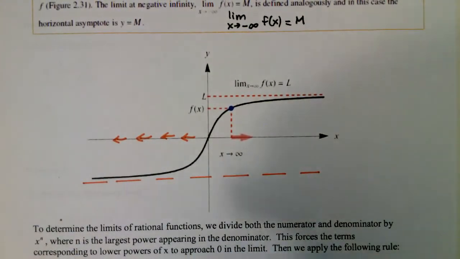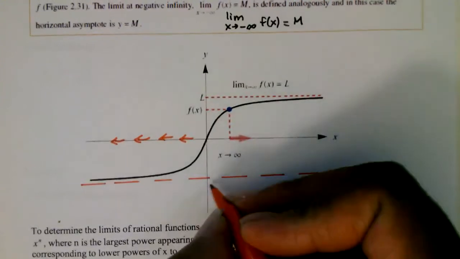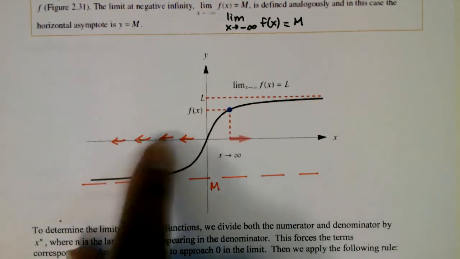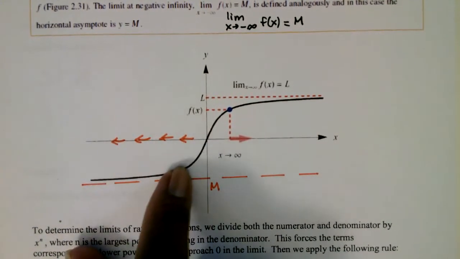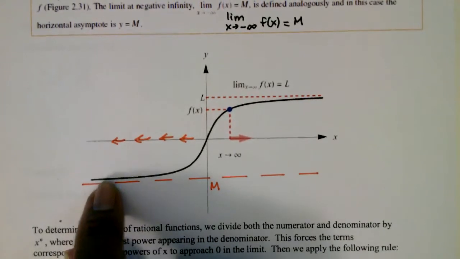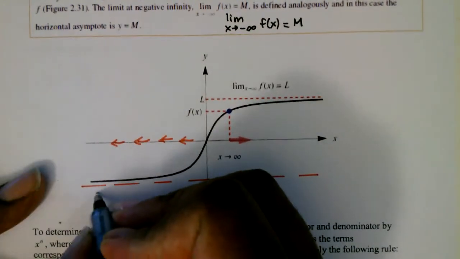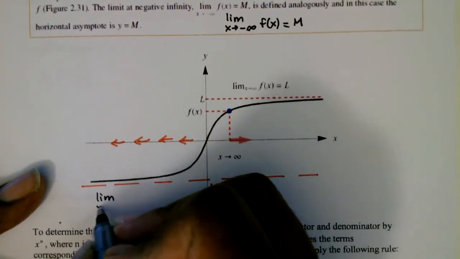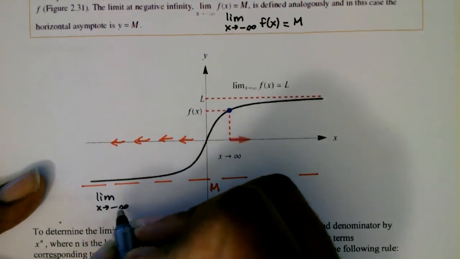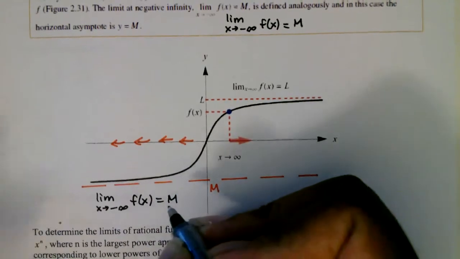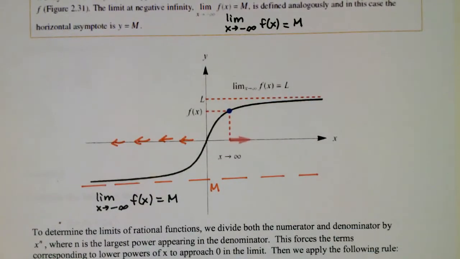I'm going to let that be m in this case. So that means as x approaches negative infinity going in this direction, the graph of y equal f of x here gets closer and closer to some limiting value m. And that's what we call the limit as x approaches negative infinity of f of x. That's equal to some value m.